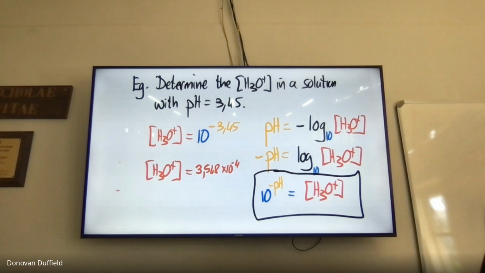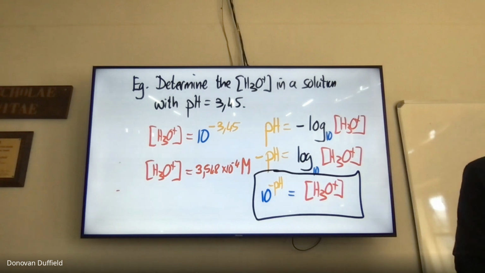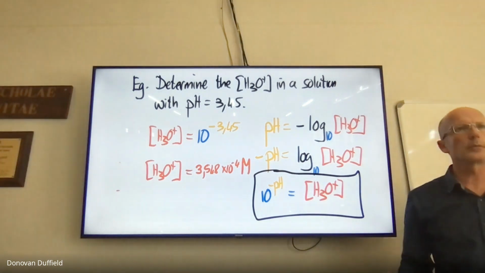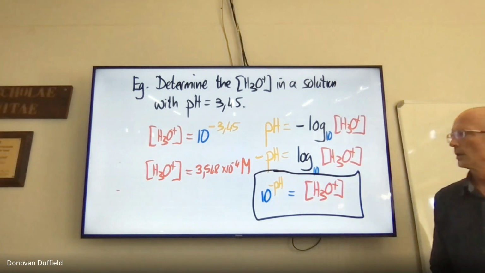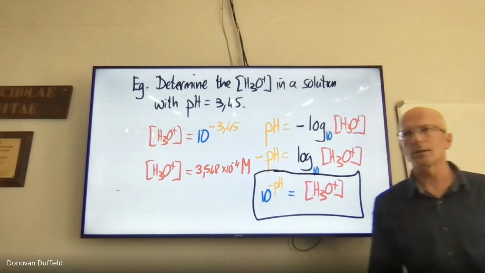I'm going to use capital M for molarity. That's a symbol for mole per cubic decimeter. The reason I've done that is I've run out of space here.